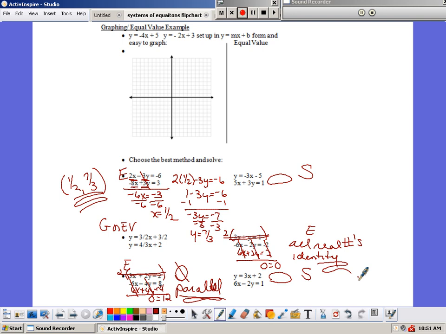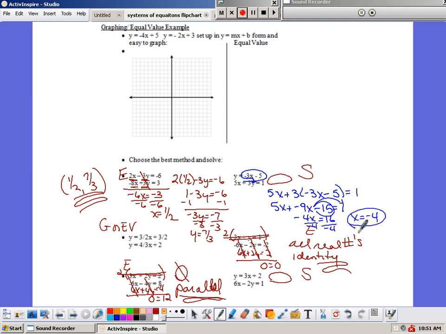Now let's look at our substitutions. I'm going to take this and plug it in here. So I get 5x plus 3 times negative 3x minus 5 equals 1. 5x plus negative 9x minus 15 equals 1. Negative 4x, move my 15 over, equals 16. Divide by negative 4.